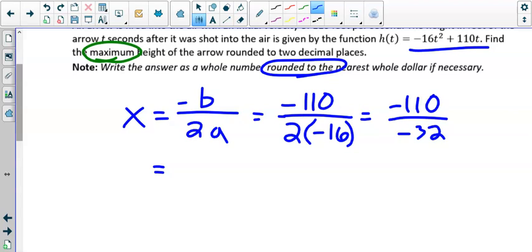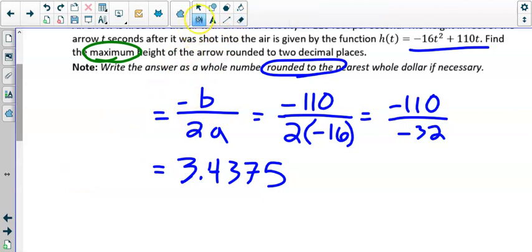What do you get? 3.4375? So that right there, I put x up here, but it's really t. So in 3.4375 seconds, the arrow will reach its maximum.